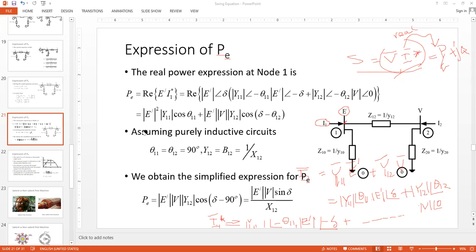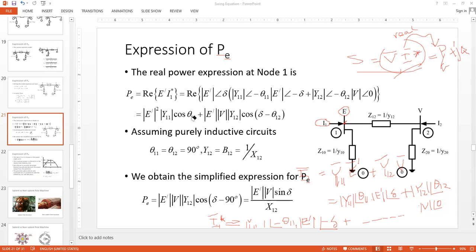And then we take another assumption just to complete the derivation. We take some simple assumptions because in general, these assumptions are valid. Why? Because you see, what is Y11, Y12, and theta 11, theta 12? Y11 is basically some sort of admittance present in the system, right?